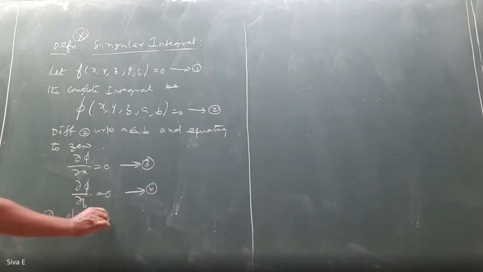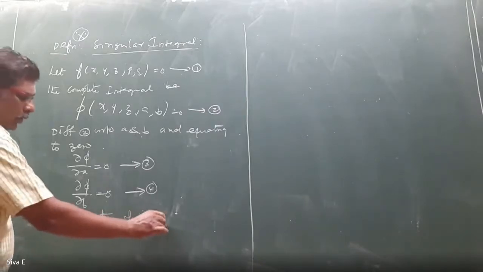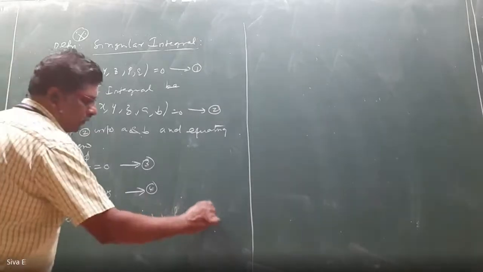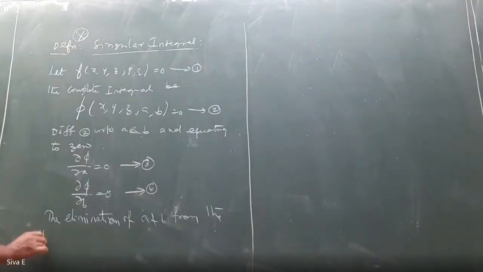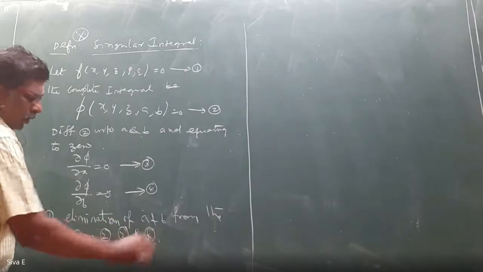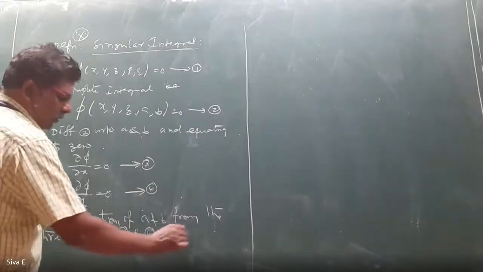The elimination of a and b from the three equations 2, 3 and 4, if it exists, is called the singular integral.